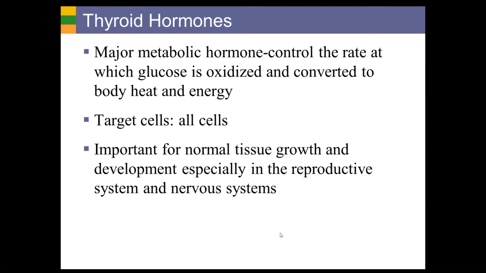And what we know is those tissues that have a high requirement for energy are affected if we don't have normal levels of thyroid hormones. The reproductive system in an adolescent can fail to develop normally and may be non-functional if sufficient levels of T3 and T4 aren't produced. Same thing for the nervous system.